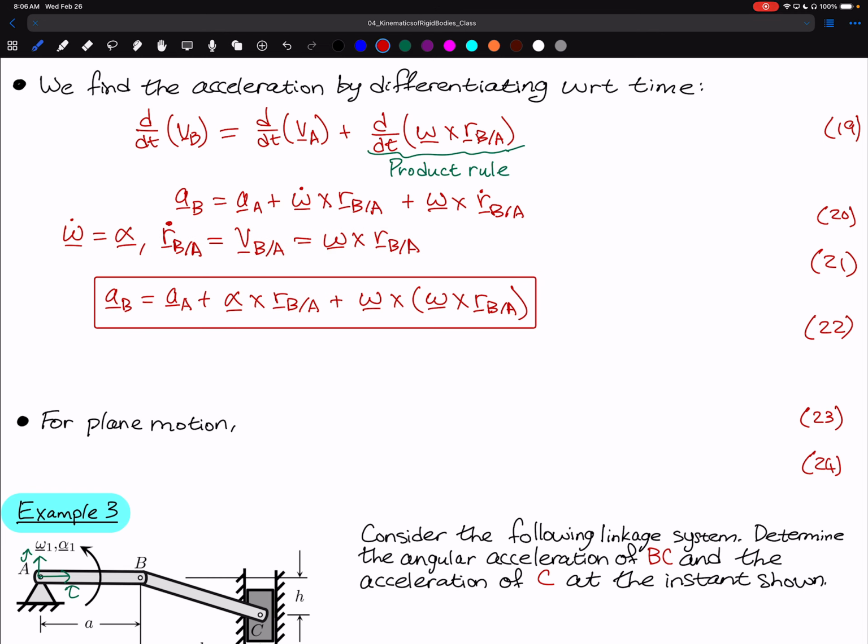So when we're dealing with general, like 3D acceleration, you have to compute the cross product inside those parentheses first. When we have only plane motion, it's going to reduce down to something simpler, which we'll see in a moment. But the parentheses are actually important. You do need to do that cross product first before you do the cross product on the outside. So the order with cross products matters, is what I'm saying.